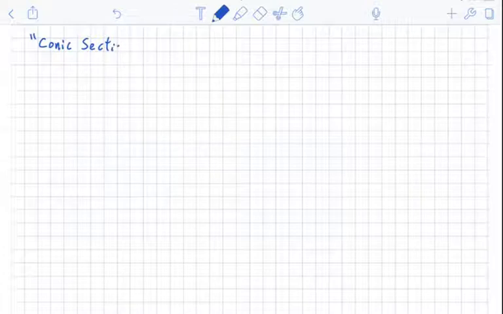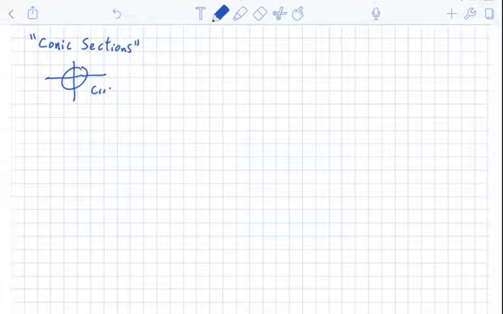These shapes are often called conics. And there were special shapes. You might have heard of some. A circle is one type of conic shape. There's another one called an ellipse, which is an oval shape.